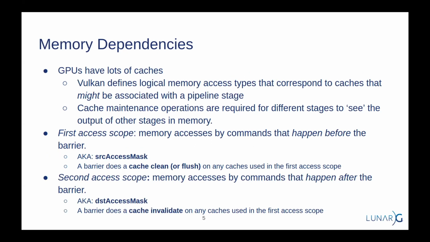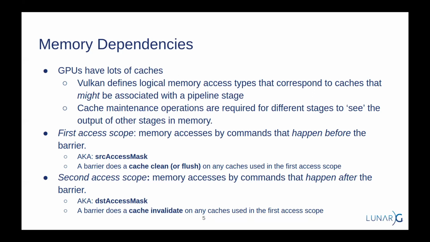We also have memory dependencies. GPUs have a lot of caches, and different parts of the GPU may have access to the latest version of memory at different times. So Vulkan defines logical access types that correspond to these caches, which might be in each specific GPU design at a specific pipeline stage.